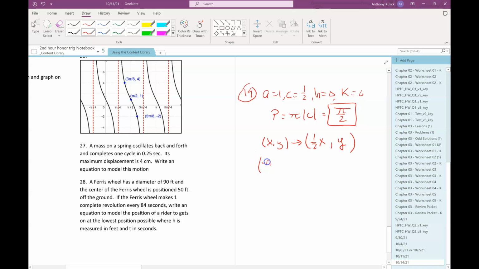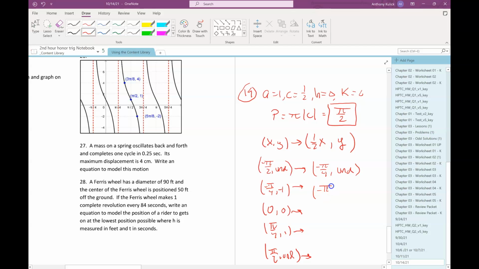And then I'm going to write down my key points for tangent. So these are things that, again, you don't need to memorize. I will give these to you. So here I get negative pi over 4 and undefined.